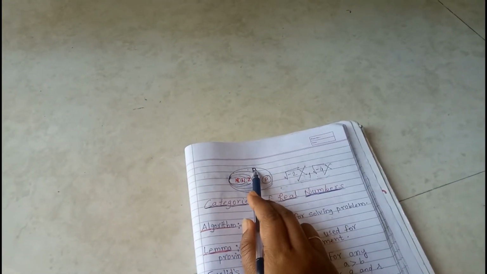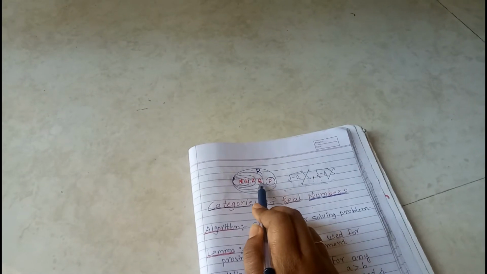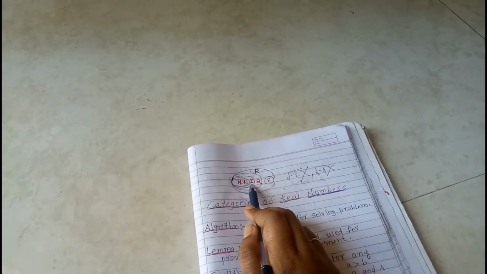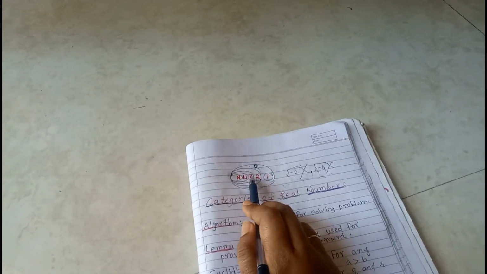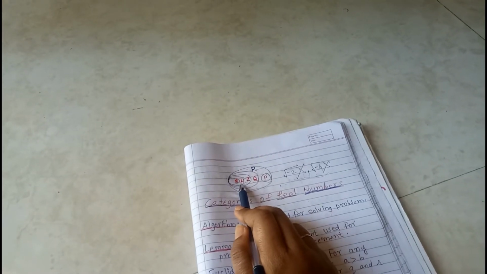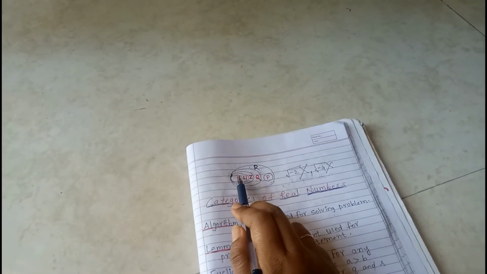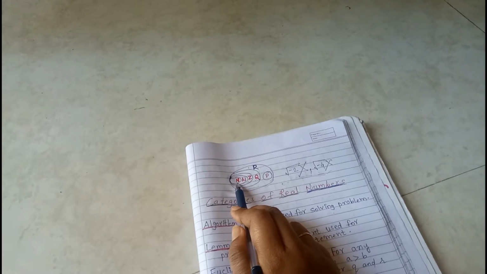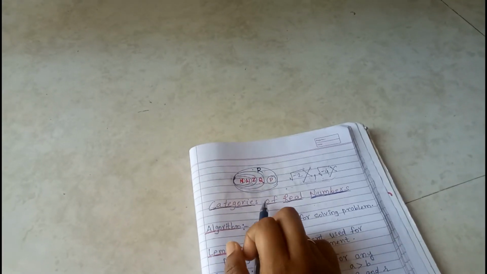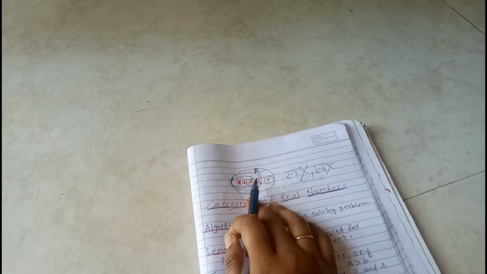See here, real numbers consist of irrational and rational, within rational you will find integers, within integers you will find whole numbers, and within whole numbers you will get natural numbers. So we can say that these are the categories of real numbers.